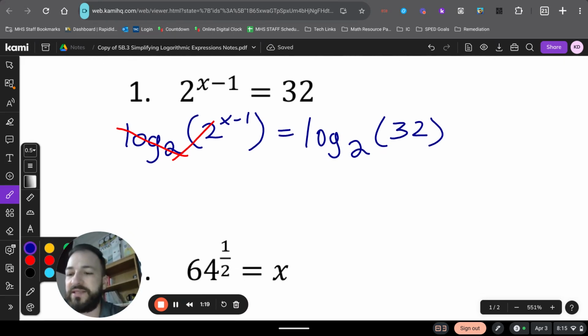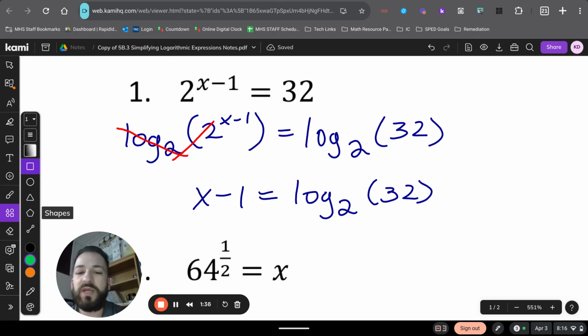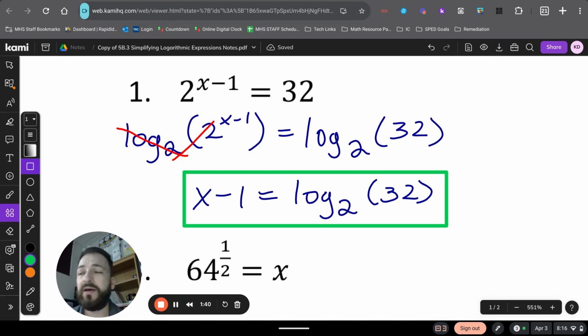So I'm going to get this new function of x minus 1 is equal to log base 2 of 32. And now comparing my final answer back to my original, we can see that it's the exact same function. It has just been rewritten in terms of a logarithm as opposed to in terms of an exponential. So that's what we're actually doing when we make that switch between exponentials and logarithms.